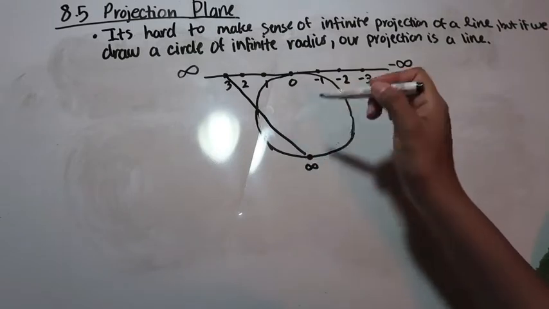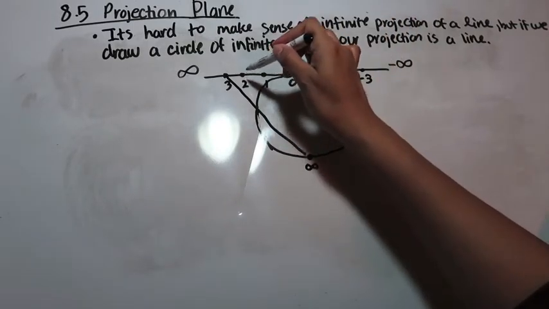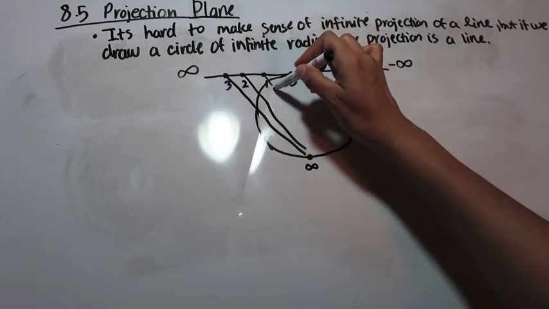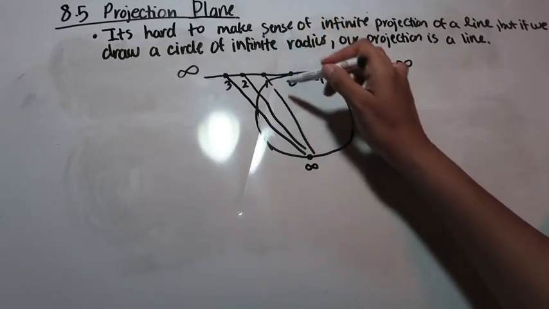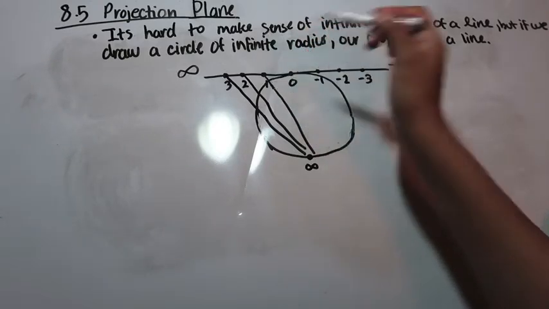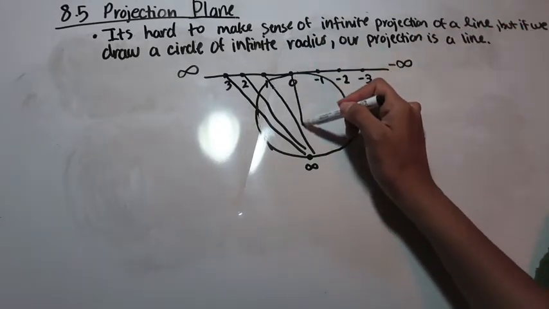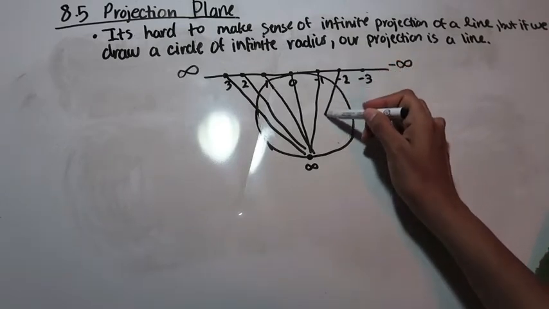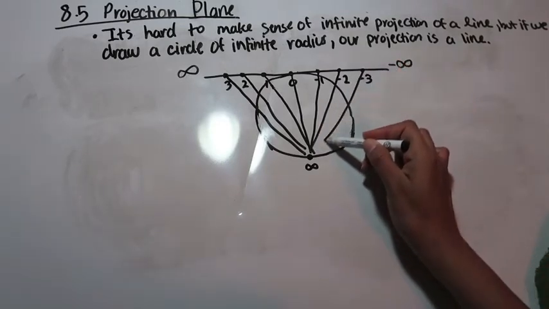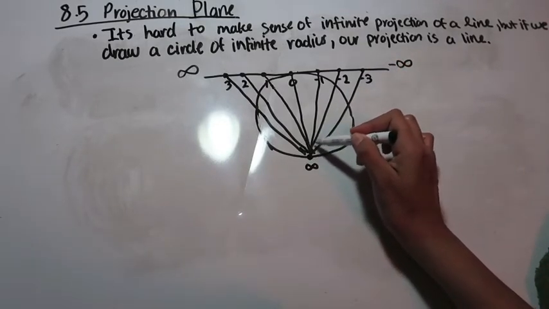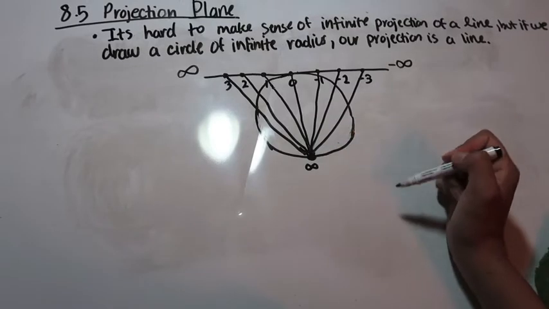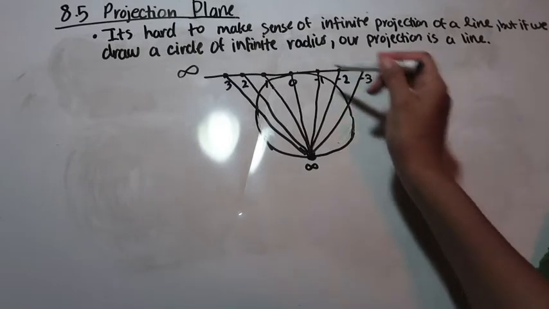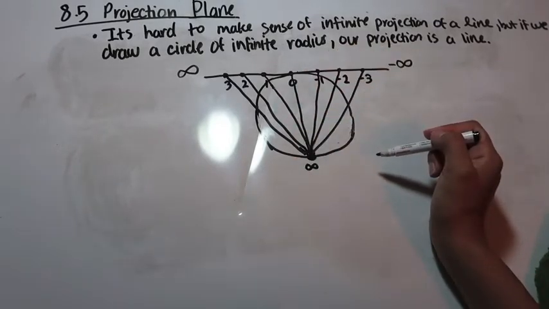So -3 is going to the point, 2 is also going to the point, 1, 0 is going onto the point, -1, -2, -3, they're all going to the same point, and that's pretty much what's going on with the line. It's projecting, which is the reason why you get that circle there.